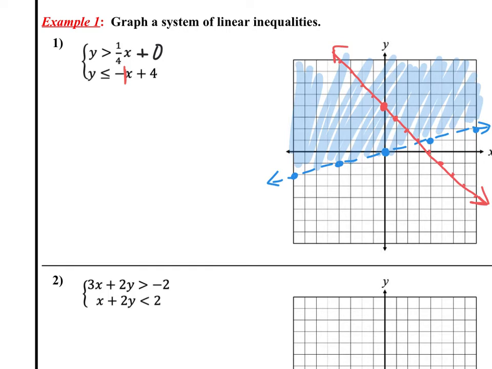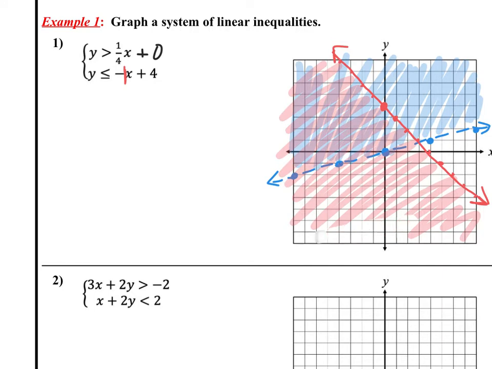And you'll see when I do this that there will be a section where the shading overlaps. Okay. So do you see how in this part right here the shading overlaps? That is my solution area. Actually, the only answers that count are in here. So you have a couple options for me. You could shade in this part darker, or what you'll see me do today is actually erase the extra.